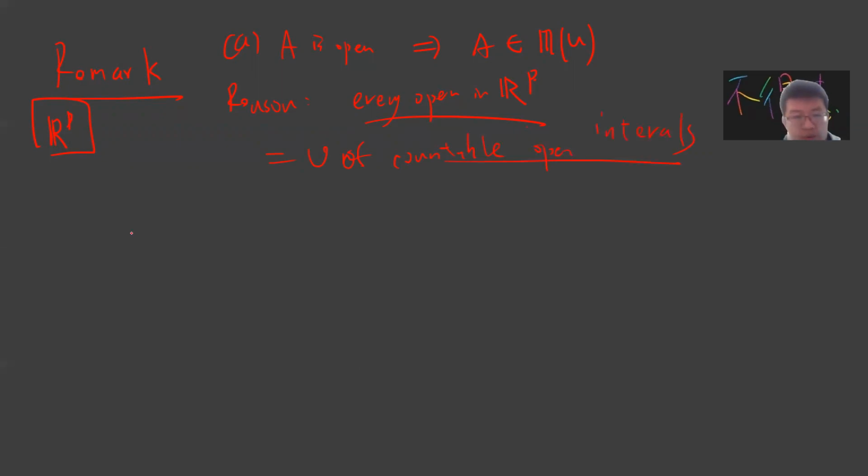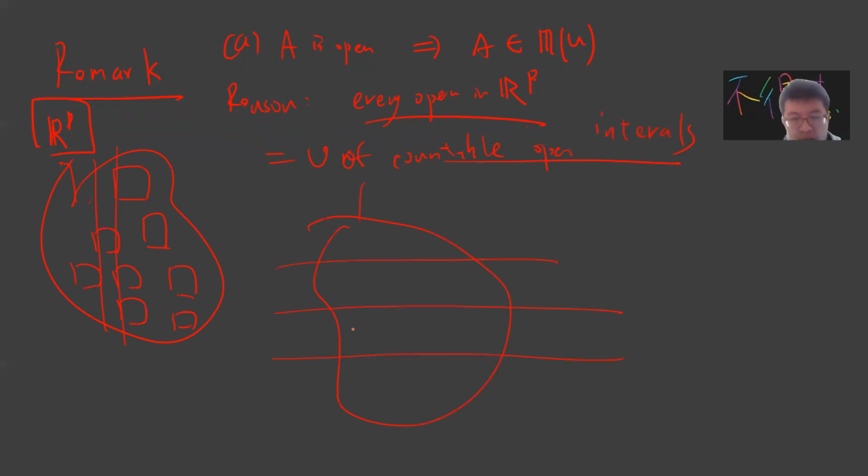Okay, so this proof is very simple, right? You draw a box, you draw your set, and then you create some intervals in it. So one idea is that you imagine this two-dimensional space has its lattice, and you choose each cube which is inside this space, and then you separate the rest into halves, and you keep doing that.